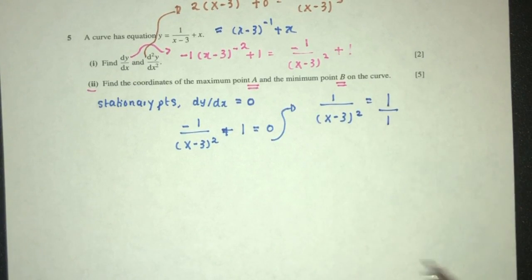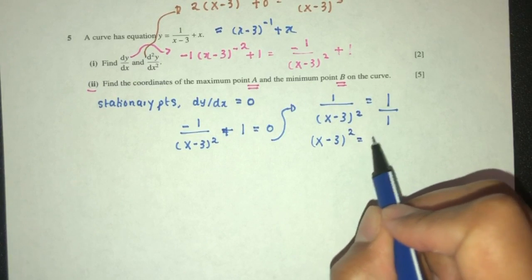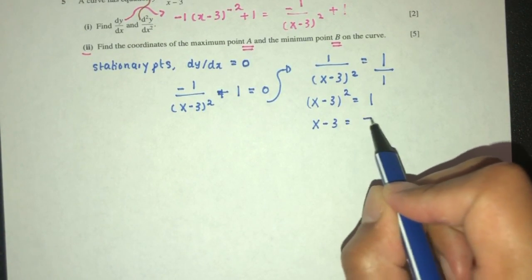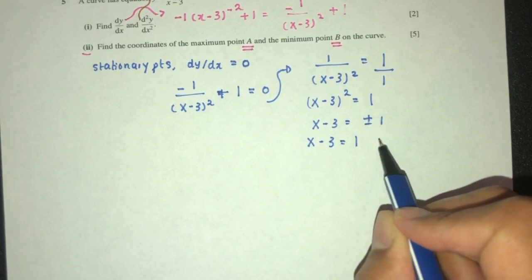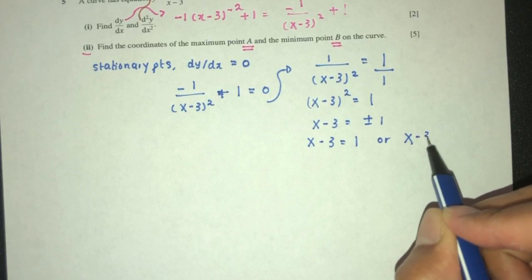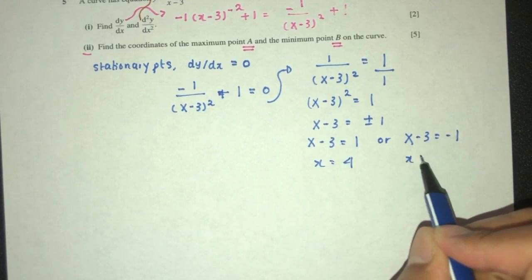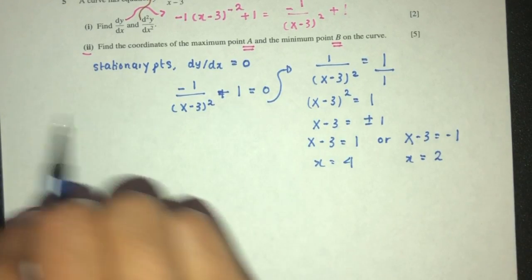Then we can cross multiply. You will have x minus 3 squared is 1. Solve. x minus 3 should be plus or minus 1. x minus 3 should be 1, or x minus 3 should be minus 1. So x will be 4, and x will be 2.